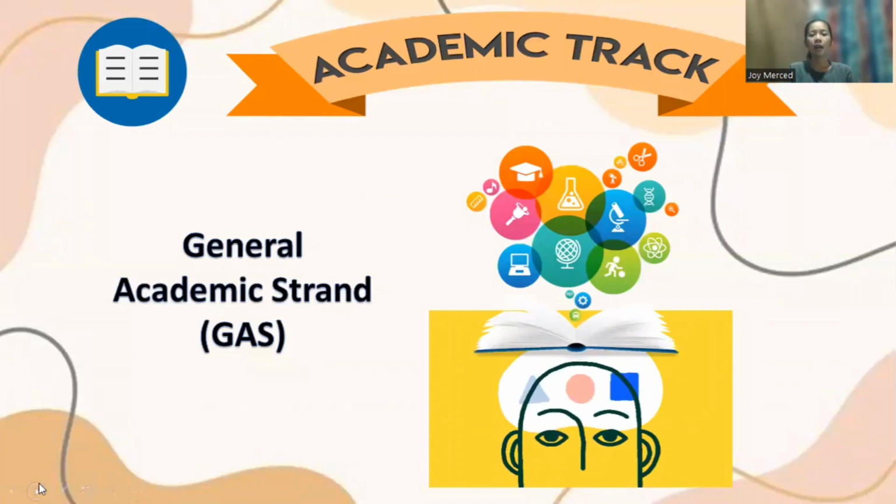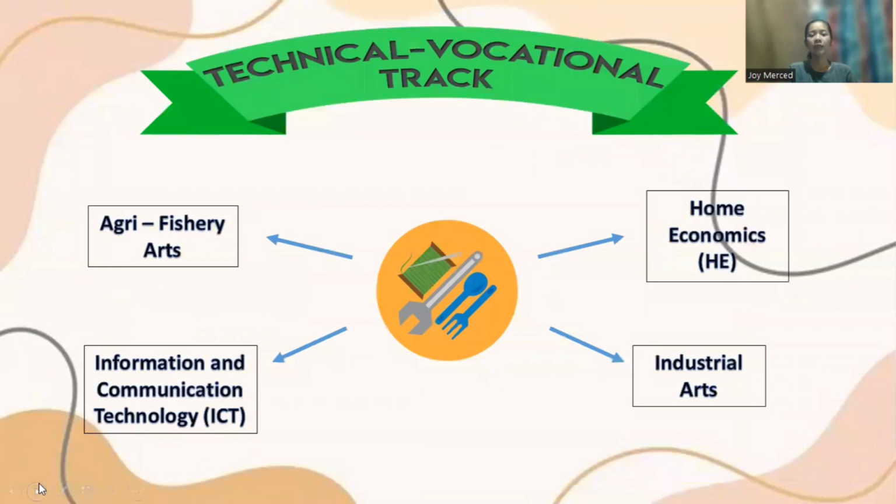Now let's talk about the technical vocational livelihood track, or the TVL track. The senior high school program also offers the TVL track with four strands, namely agri-fishery arts, home economics, information and communication technology, and industrial arts.